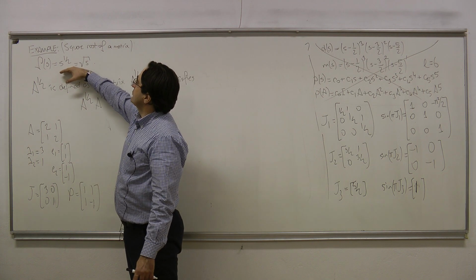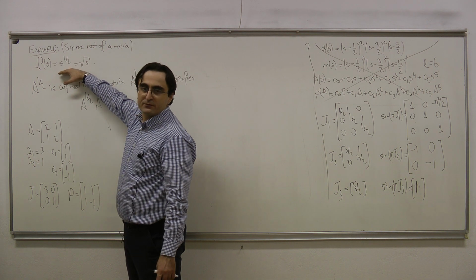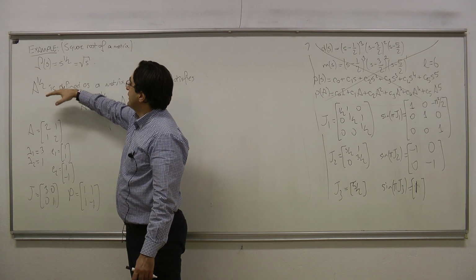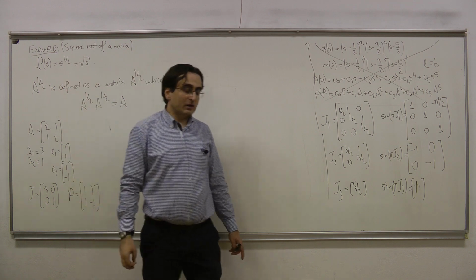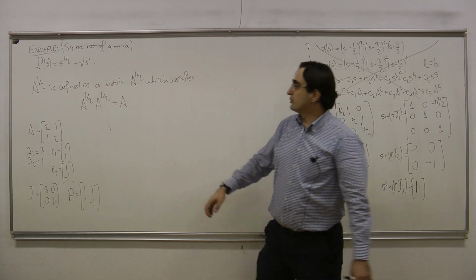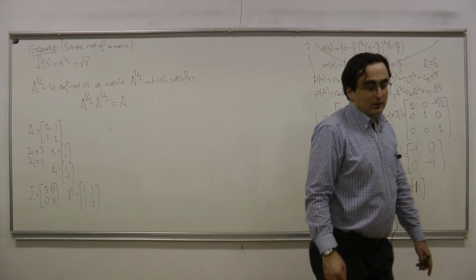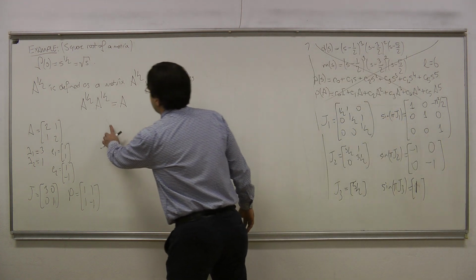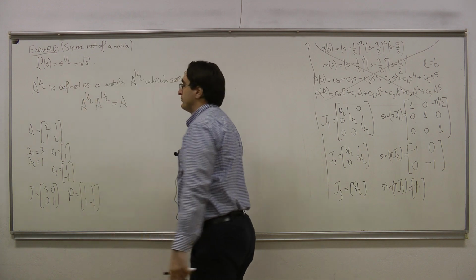The first way is to calculate the square root matrix using this definition. And the second way is to use this definition and try to find a matrix that would satisfy this equation.